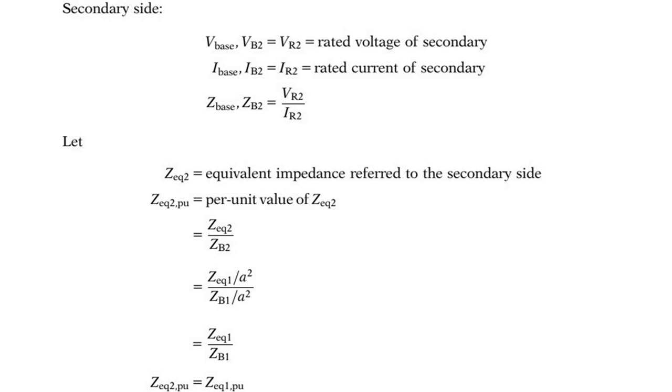Zeq2 is the impedance referred to the secondary side, then Zeq2 per unit is Zeq2 divided by Z base 2, which is Zeq1 over a squared divided by Z base 1 over a squared. That is equal to Zeq1 divided by Z base 1, so Zeq2 per unit is equal to Zeq1 per unit.